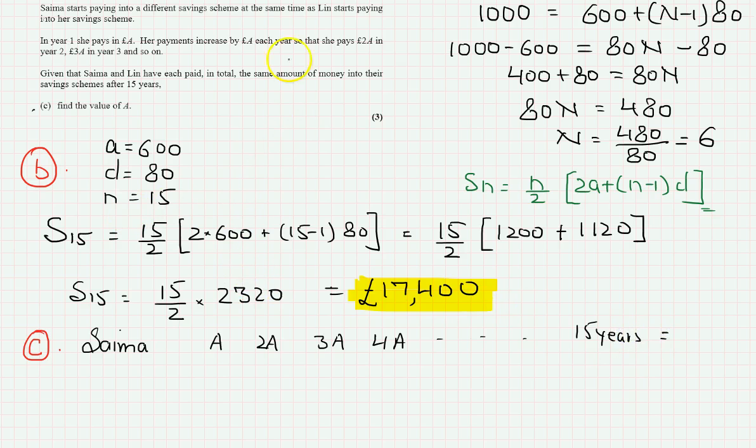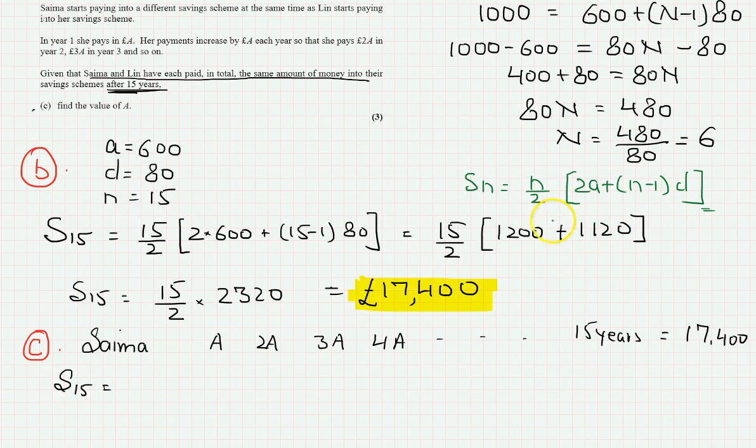And the question says Saima and Lynn have each paid in total the same amount of money into the scheme after 15 years. So our answer will be 17,400. Now we have to add the money of Saima for 15 years.